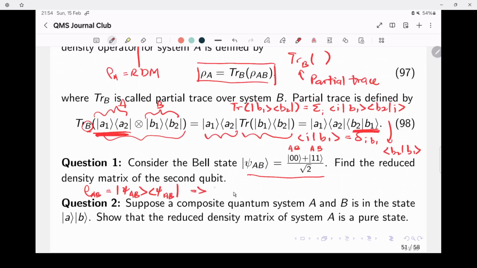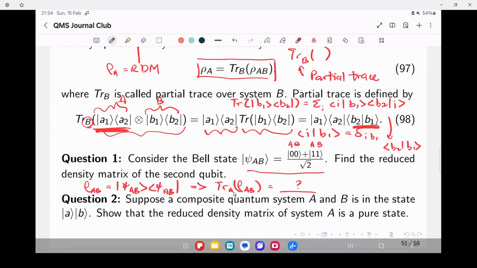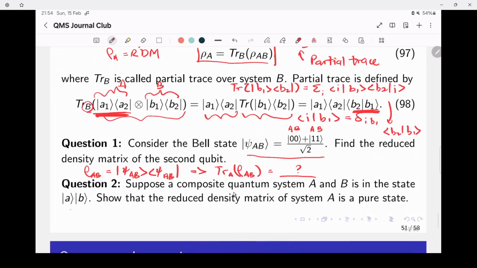Then the second step is to perform the partial trace on the first qubit and find the answer. So this is for question 1. For question 2, try to show that the reduced density matrix of this particular system is a pure state. So maybe I give like 5 minutes to solve this.